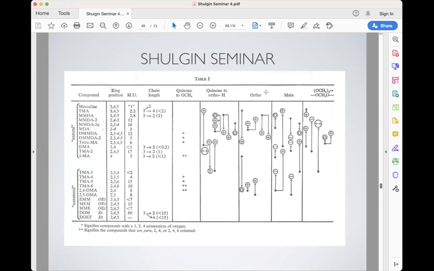So this is something that was not present in the previous papers. And this para and ortho substitution is a novelty in this paper, which I think could be discussed.